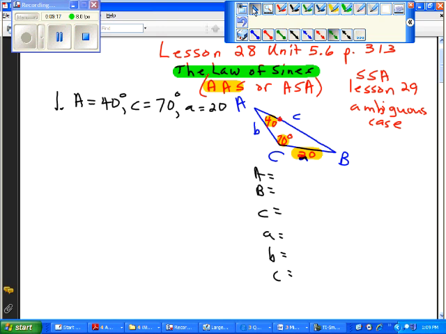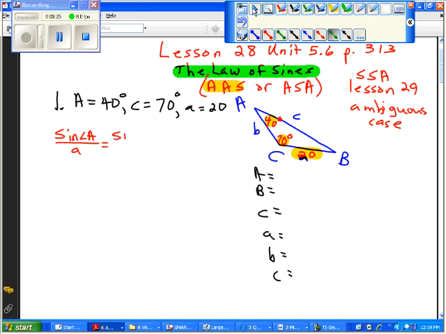Now, the law of sines is this. The law of sines says that the sine of angle A over little a is equal to the sine of angle B over little b, which is equal to the sine of angle C over little c. That is the law of sines, and you need to memorize it.